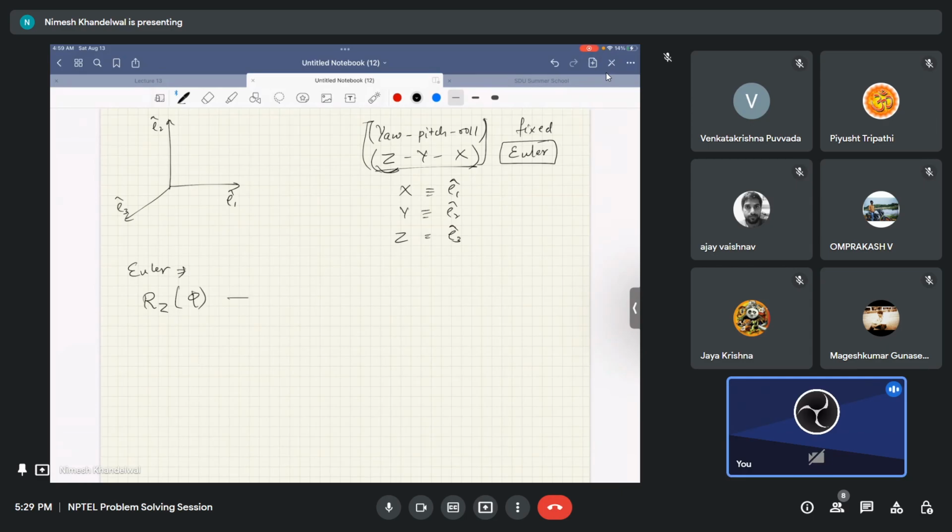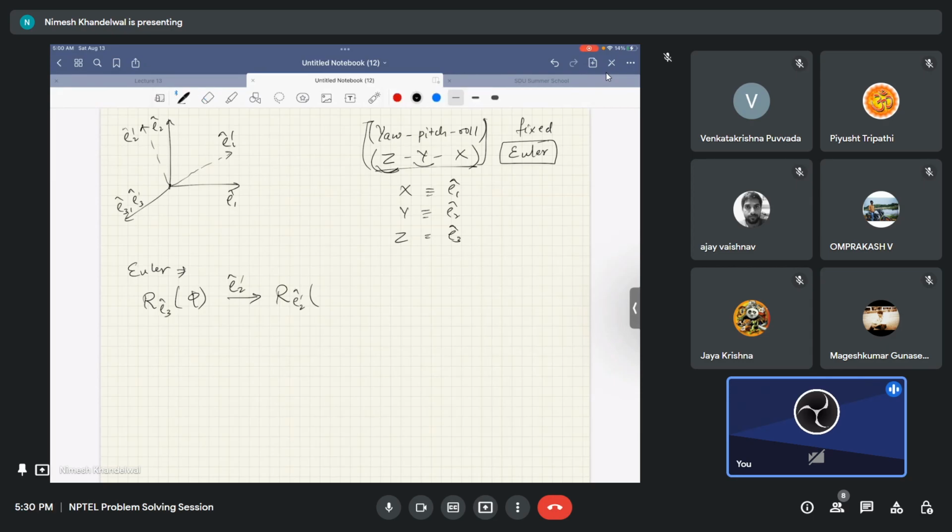Then about the new Y axis, let us say that it is E2 prime. I've rotated about E3, so these axes go from here to here, and this rotated frame is now E1 prime, E2 prime, and E3 prime and E3 are common.